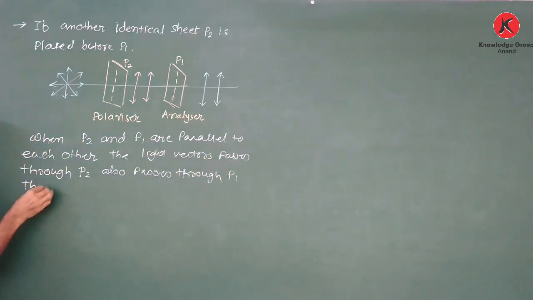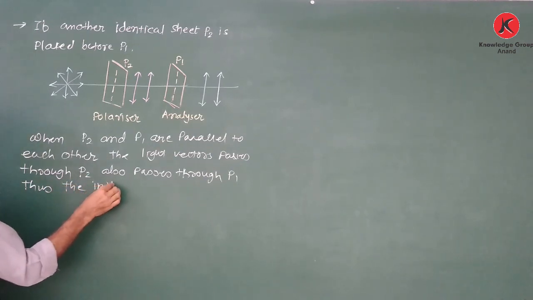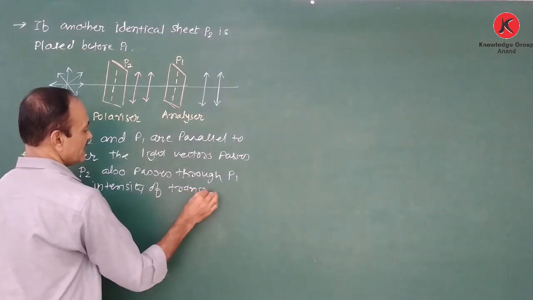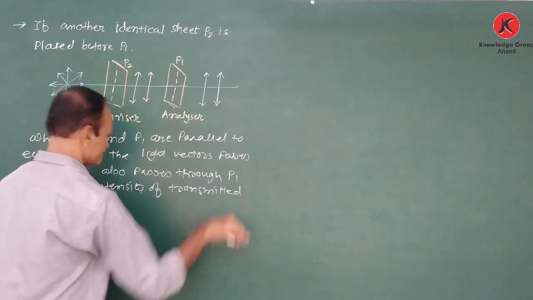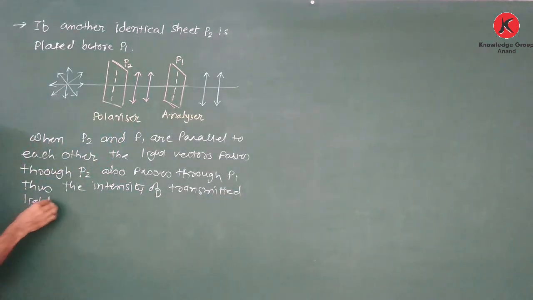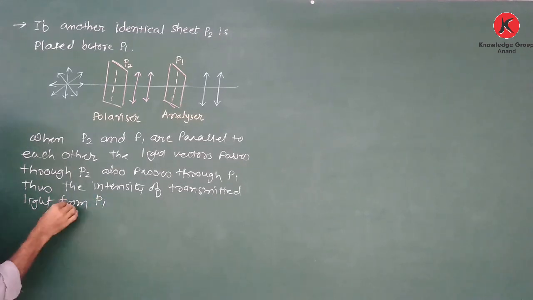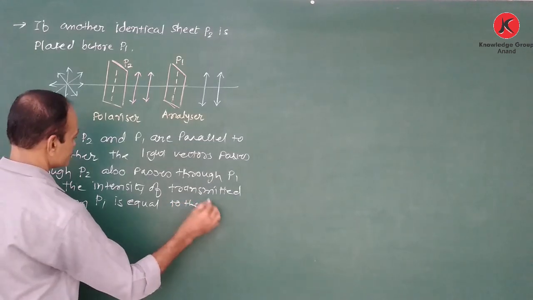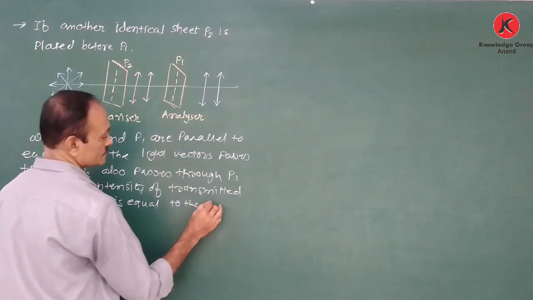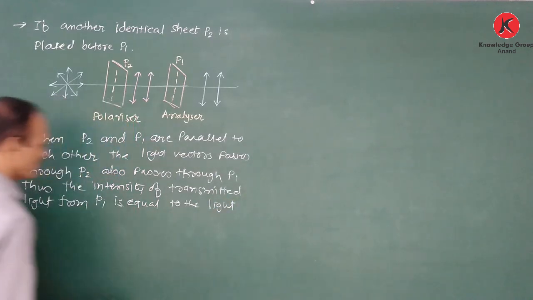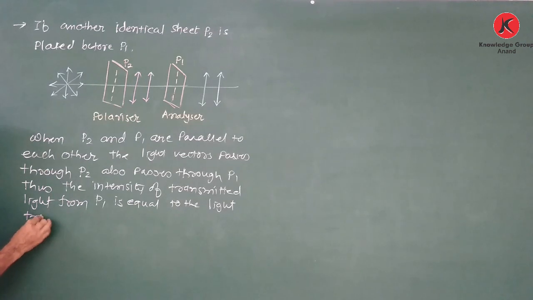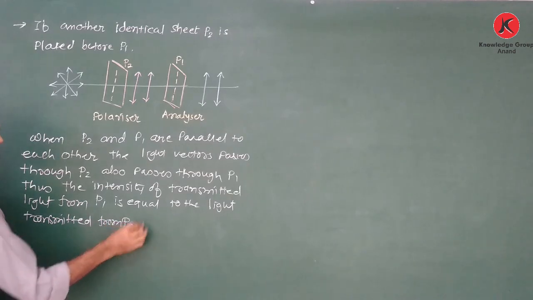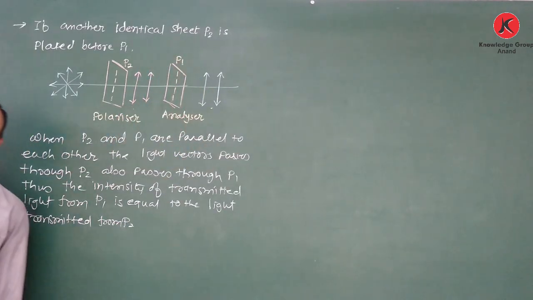Thus, the intensity of the transmitted light from P1 is equal to the light transmitted from P2. That means the intensity of this light and this light are the same.